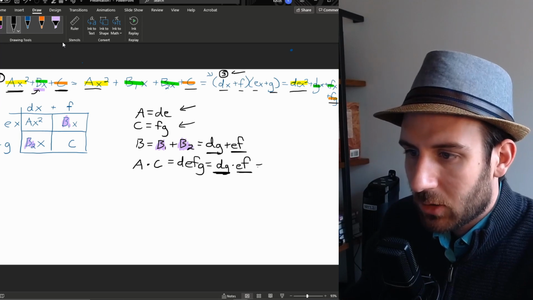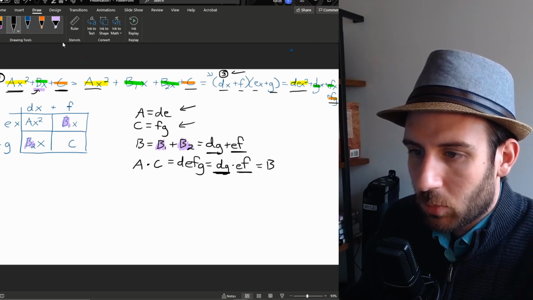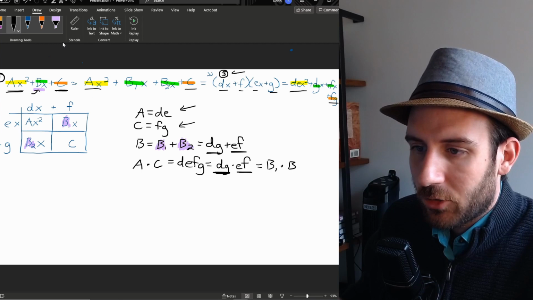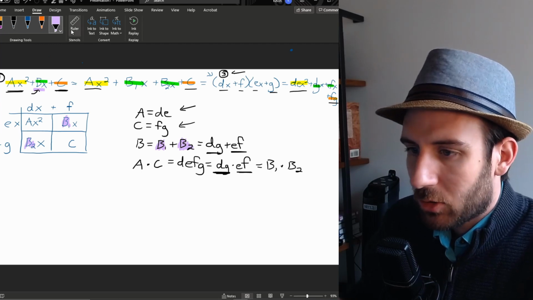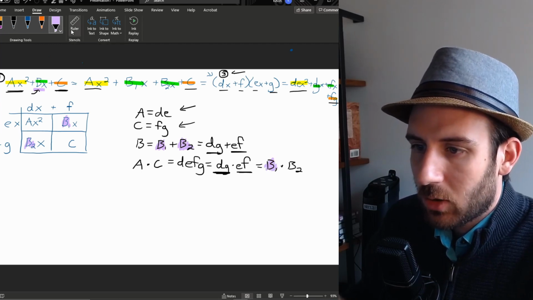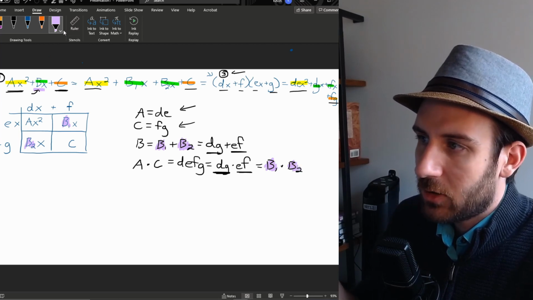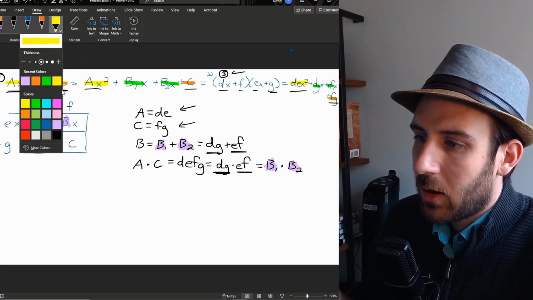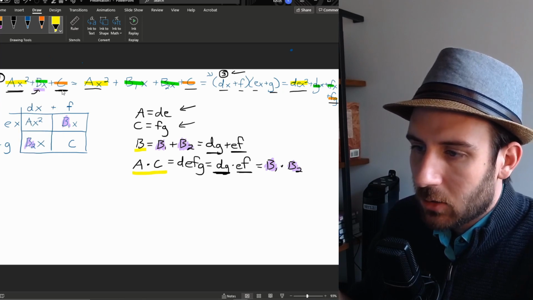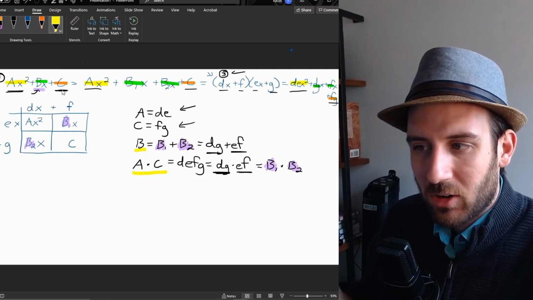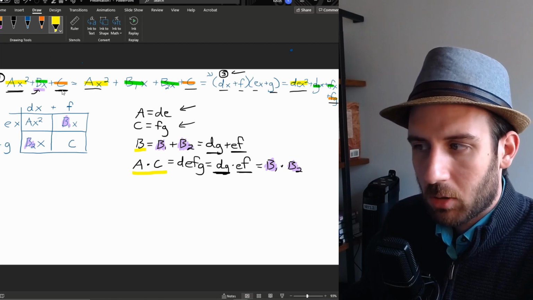D times G equals E times F. This is really just B1 times B2. And so really B1 and B2 are the crux of it all. If I can find two numbers that multiply to A times C and that add to B, I should have all of the information I need for this entire problem.